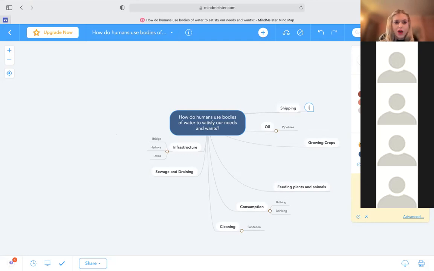We rely more on planes for that now, but transportation is still done over boat to some extent, but the majority of transportation happening on the waters is for trade, for shipping goods.